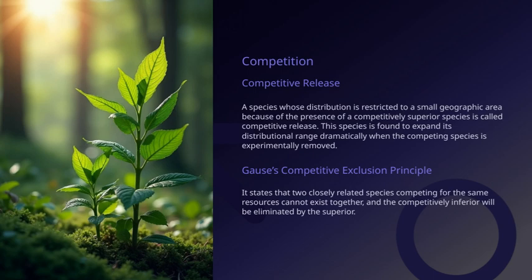This concept ties into the overall theme of competition, showing how interactions between species can influence their geographic distribution and survival. It reminds us that competition isn't just about who wins or loses, but also about how species adapt and shift their ranges in response to these interactions.